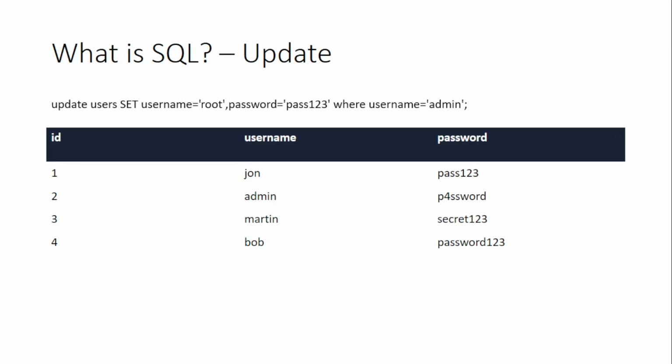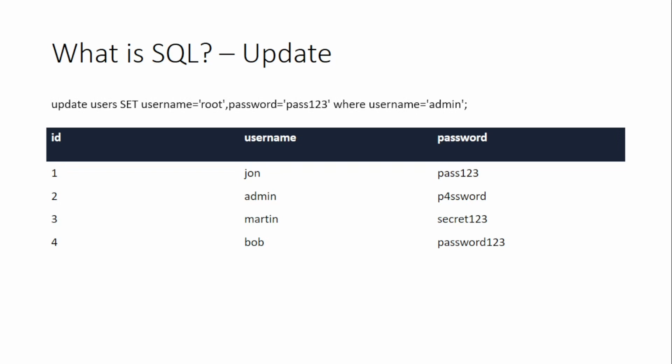So here we want to update the username to root and password to pass123. And finally, similarly to the select statement, we can specify exactly which rows to update using the where clause.